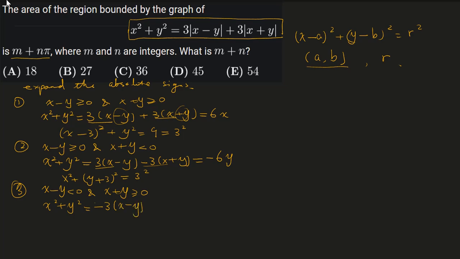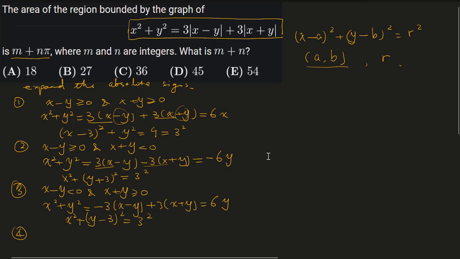Because the inner part is a negative value, so we have to add a negative sign. So that plus 3 times x plus y, which equals, so the x terms cancel out, and we have 6y. Therefore, this equation can be written as x squared plus y minus 3 squared equals 3 squared.